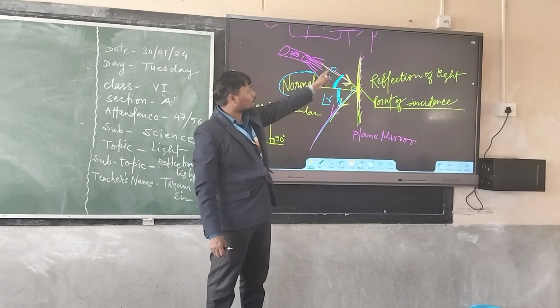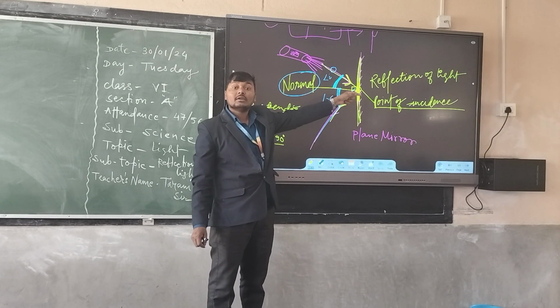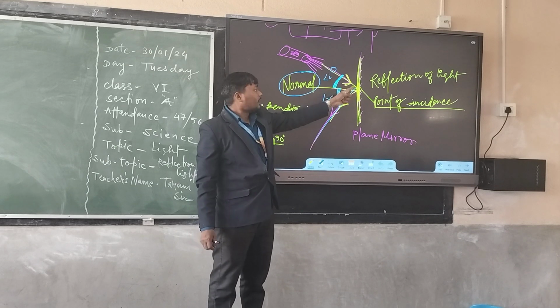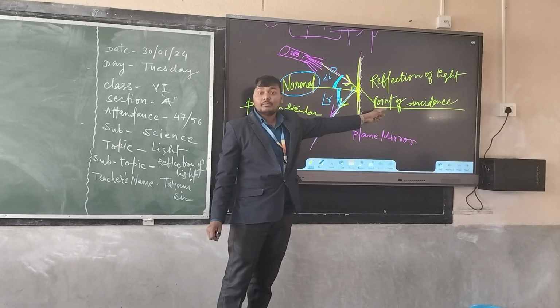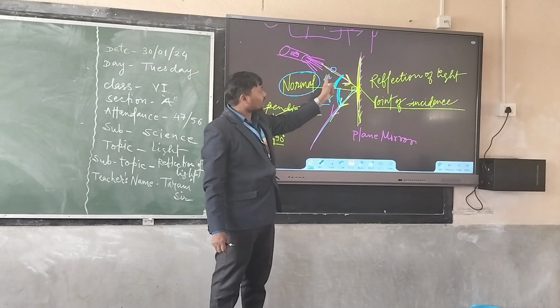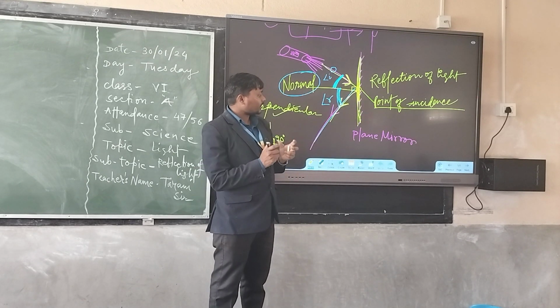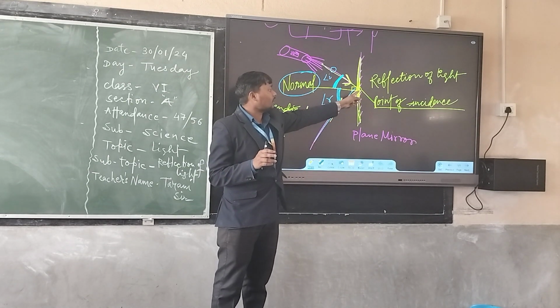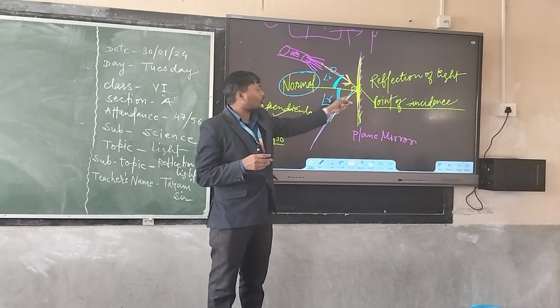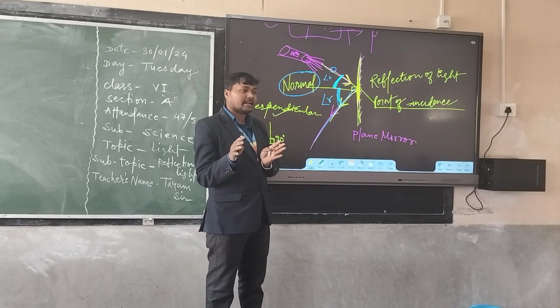A light ray comes towards the mirror. That is called the incident ray. It falls at one point on the mirror, called the point of incidence. After falling at that point, the property of the mirror is to return the light back to the same medium, so the ray changes its direction.